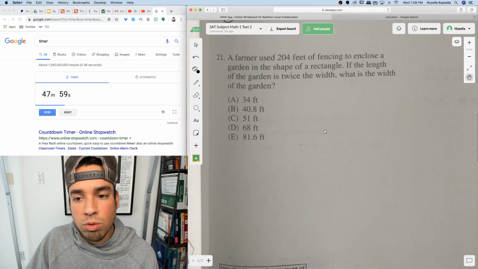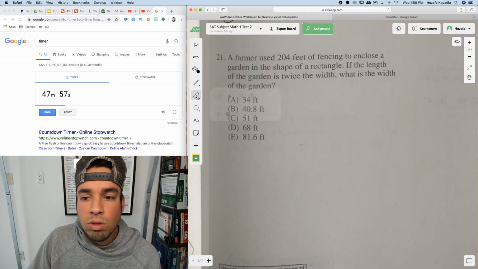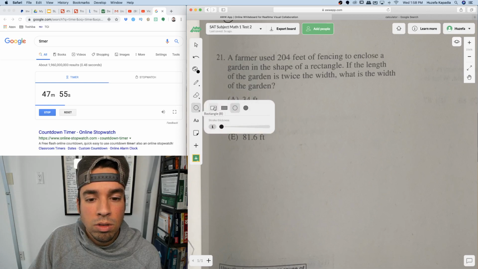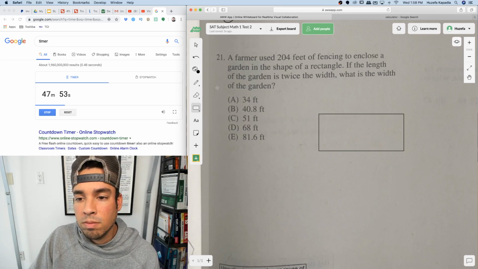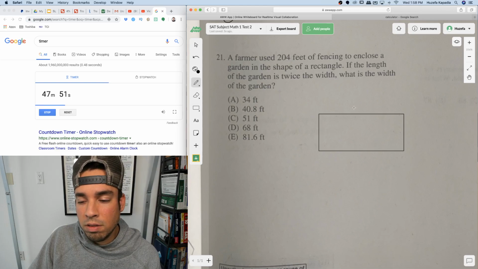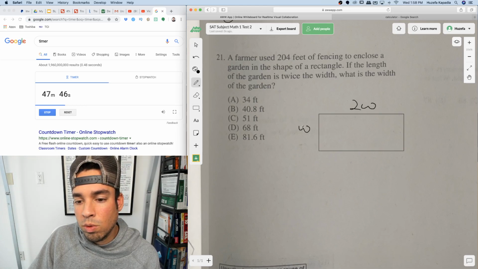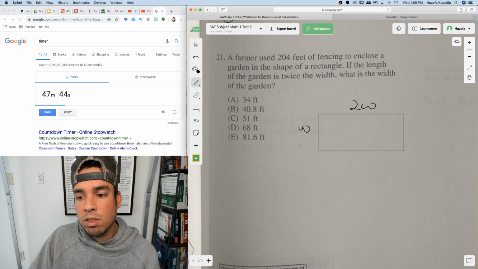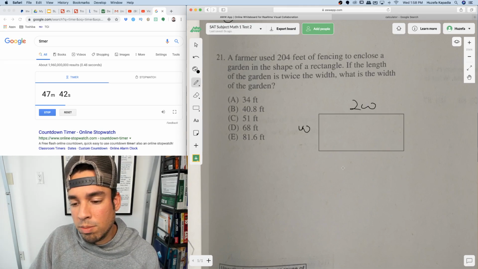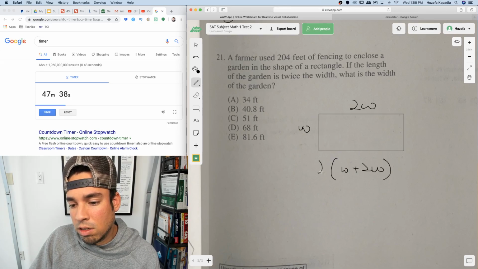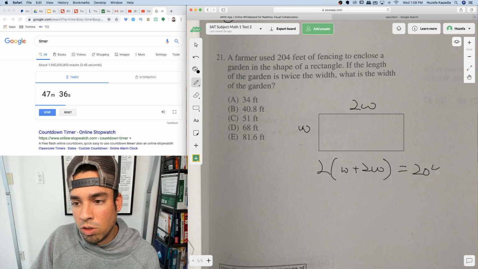A farmer used 204 feet of fencing to enclose a garden in the shape of a rectangle. If the length of the garden is twice the width, so that's the width, that's the length, what is the width of the garden? Okay, so we'd make an equation, w plus 2w, that's these two lengths, and then double that to get the perimeter equals 204.